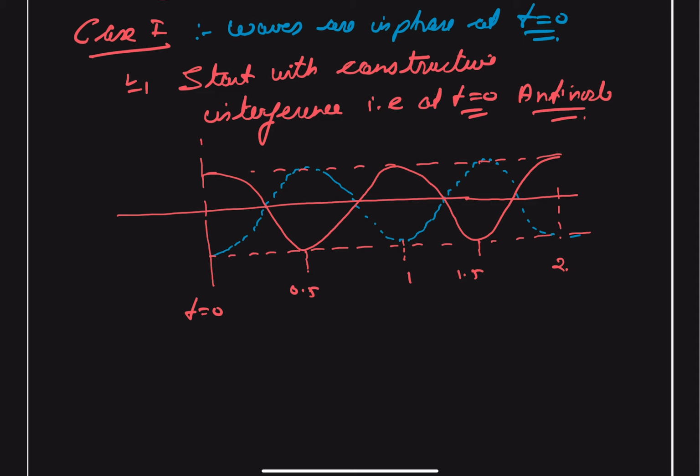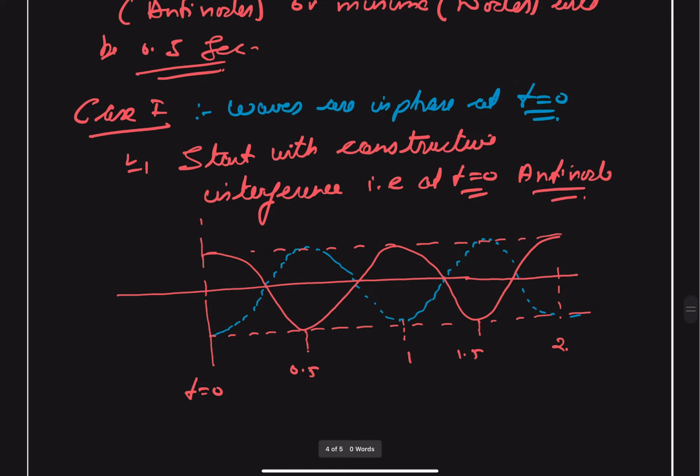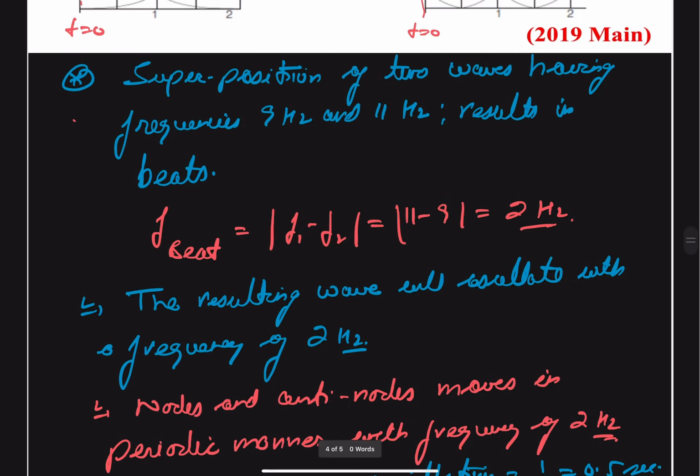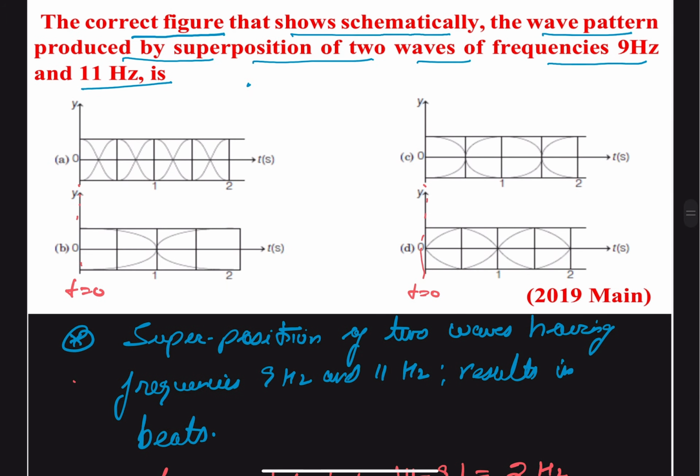And we can just match this part and we can get the answer also, because we took by default that the waves are in phase at t is equal to 0. So based on this, if we see the options, this is our t is equal to 0, this point is our 0.5, this will be our 1.5.